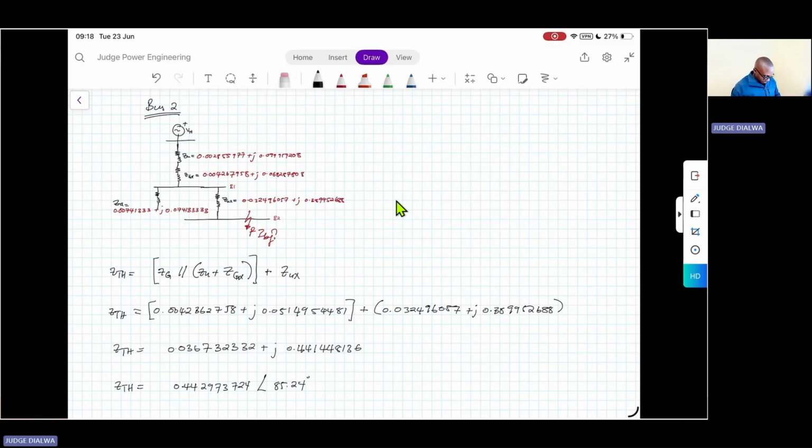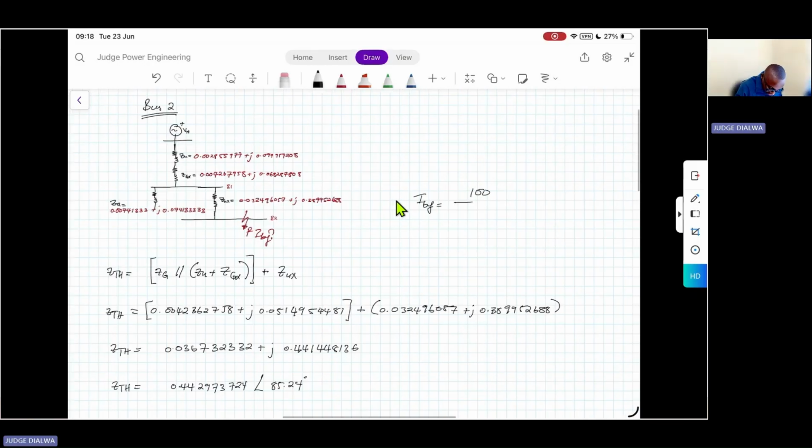So now that we have the magnitude of our impedance between the voltage source and the faulted point, what would then be our fault current at B2? That will be our base MVA divided by square root 3 multiplied by the voltage of the bus. This is a 6.6 kV bus. That will be 6.6 kV multiplied by the magnitude of our total impedance between the voltage source and the faulted point.